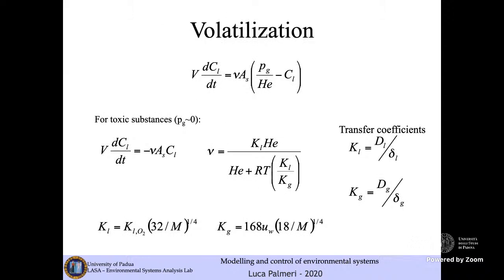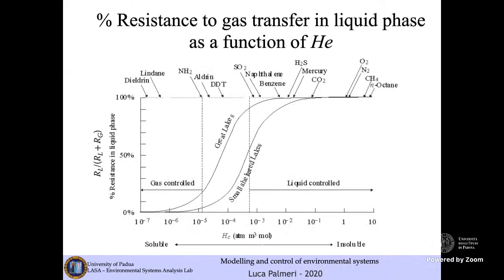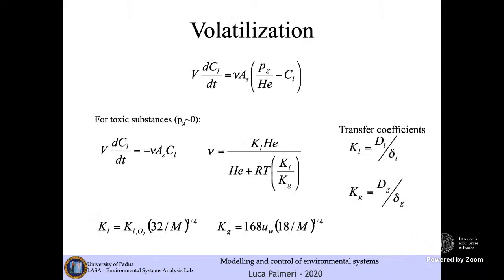Okay, I hope this gives you some hints on how to read this type of graphs, because this is the type of graphs gathering a lot of information concerning several classes of toxicants, putting them all together and allowing the environmental engineer to compare the dynamics of various toxic substances, for example, in passing from the atmosphere to the hydrosphere.